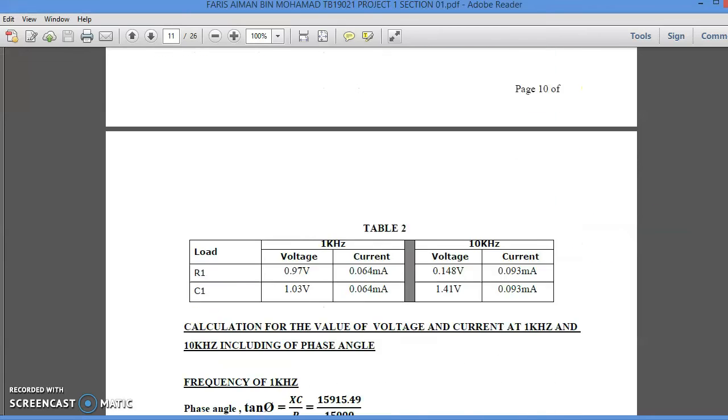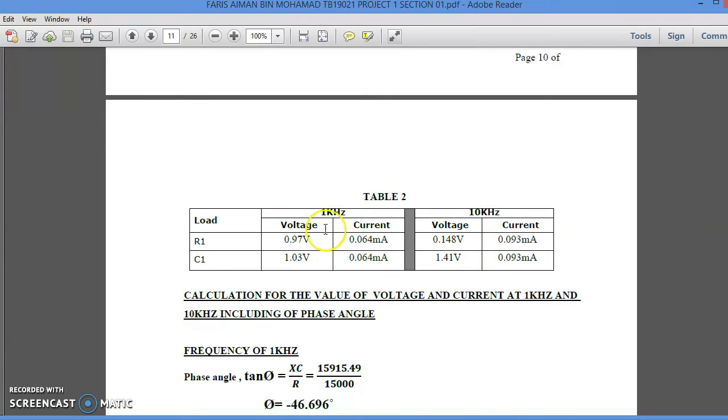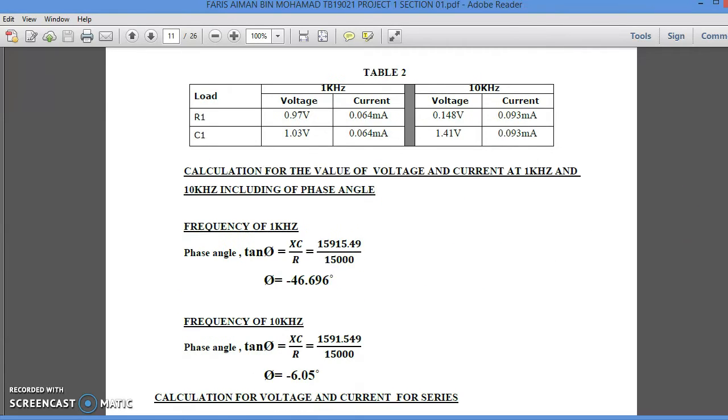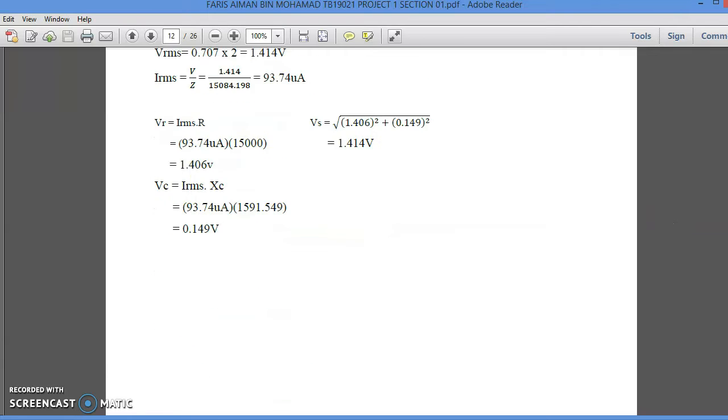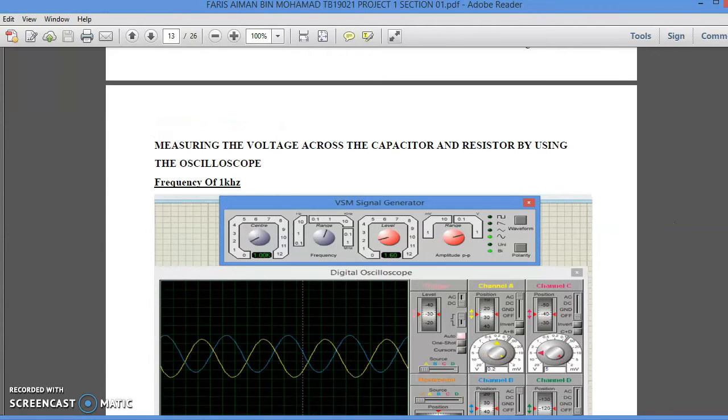The result was tabled in table 2, and the calculation for the value of voltage and current at 1 kHz and 10 kHz, including the phase angle. The value of phase angle, the calculation, and question for voltage is okay.